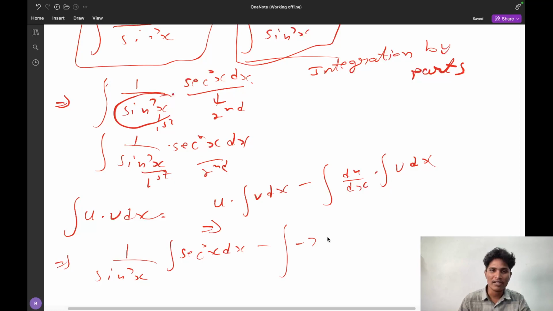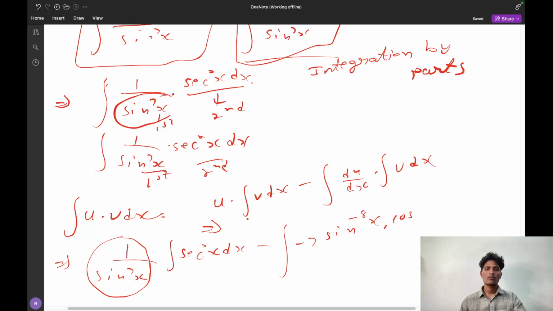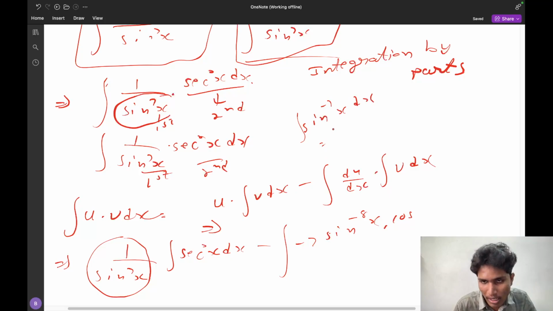What is the differentiation? The differentiation of sin power minus 7x dx is minus 7 sin power minus 8x, and the integration of the second function is cos x.